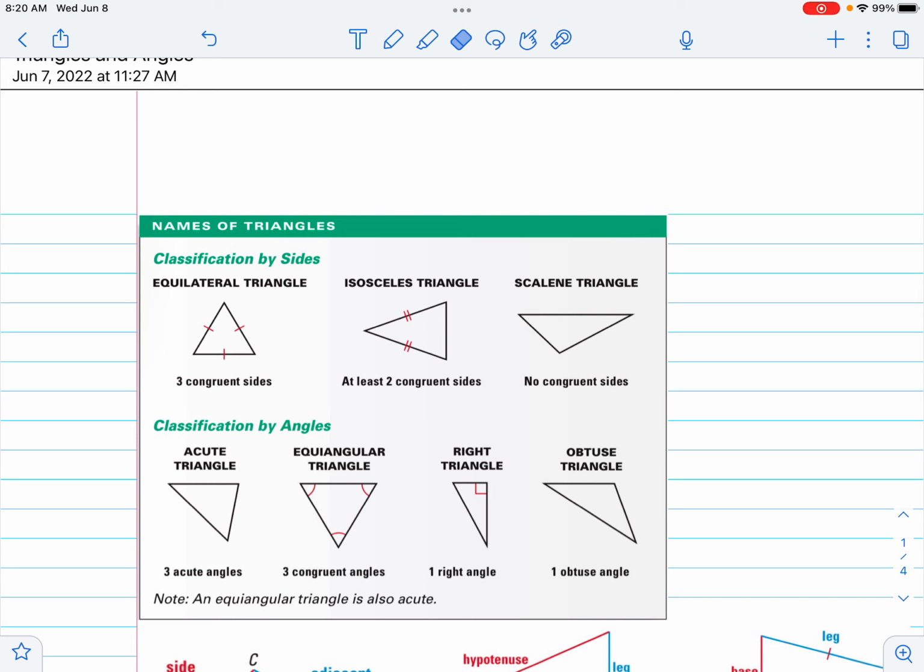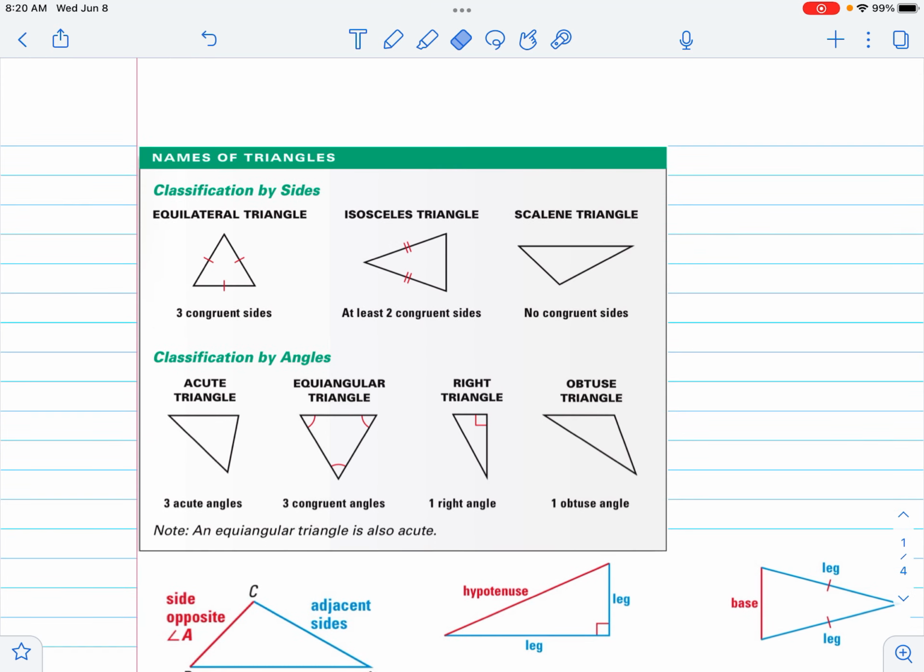But what we're going to do is look a little deeper into triangles. First thing, we're going to classify them, so we think of the different types of triangles. For example, let's suppose you have a triangle and all three sides have the same length. Then we call that an equilateral.